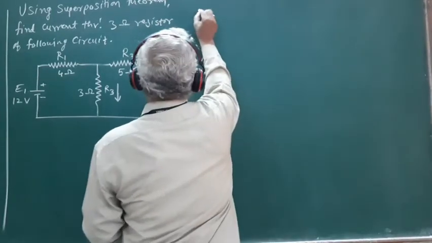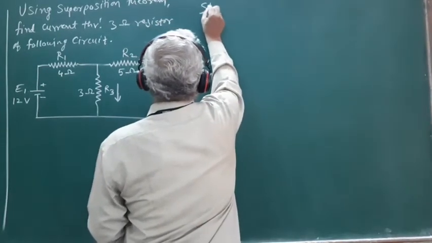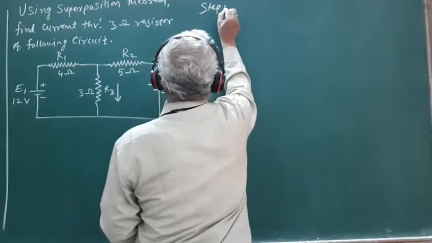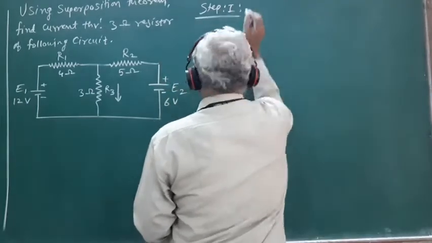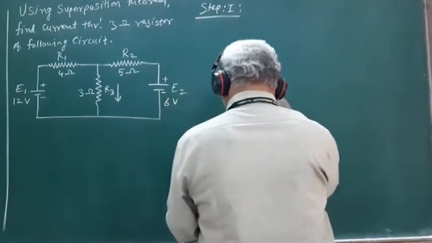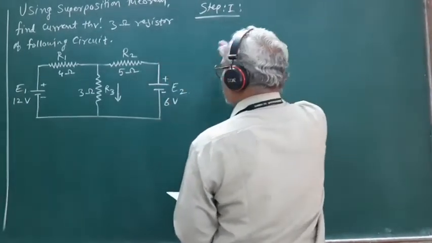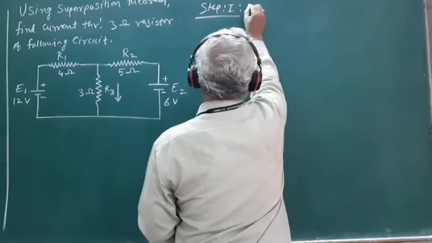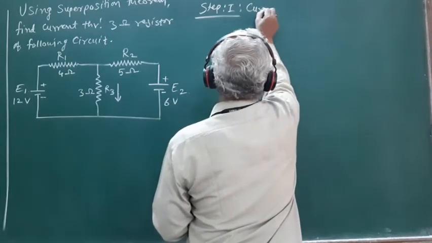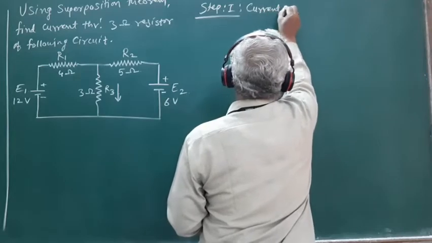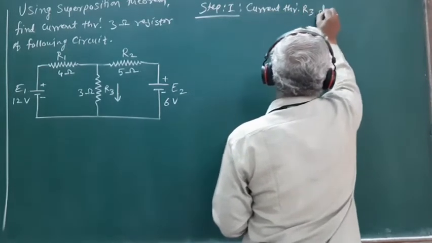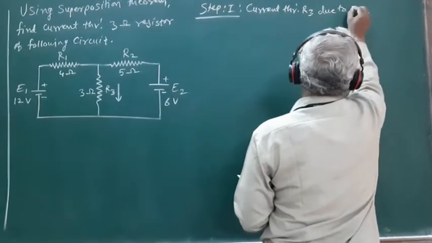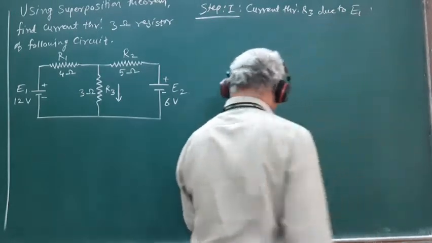So the first step, we have to find out the effect due to E1, the current through R3 due to E1.